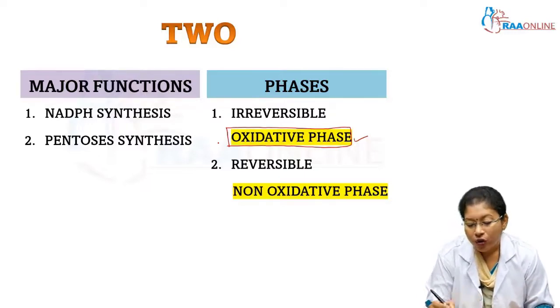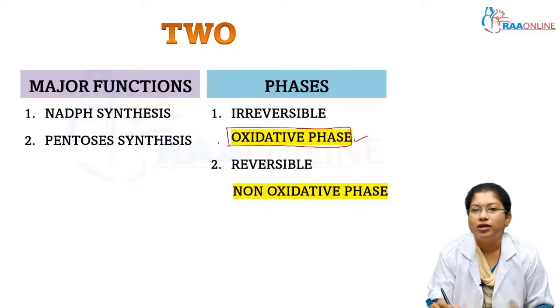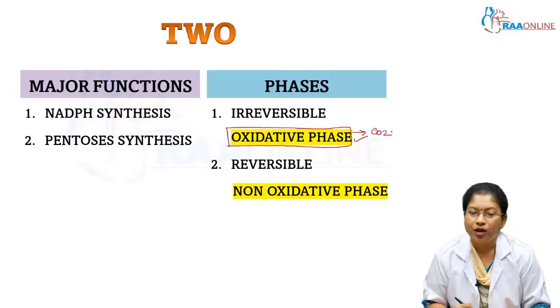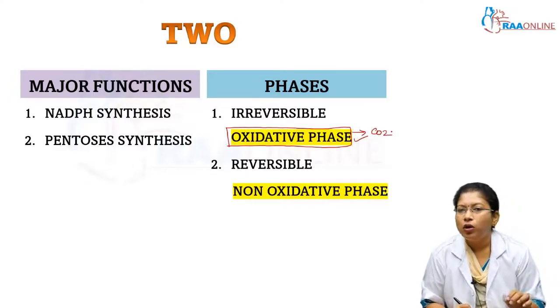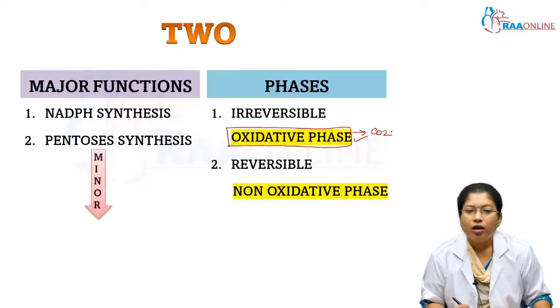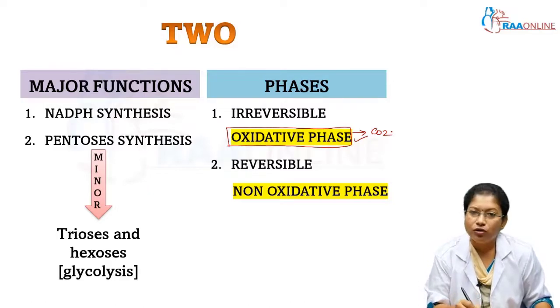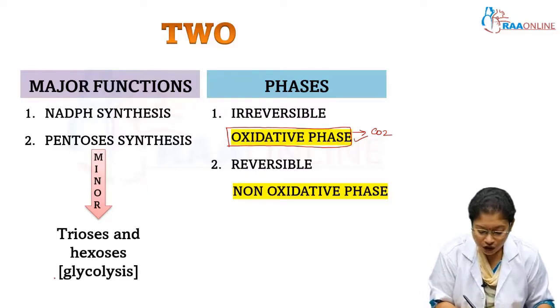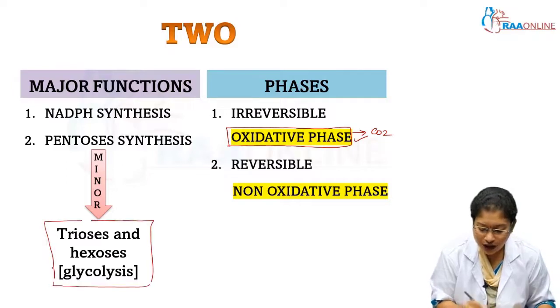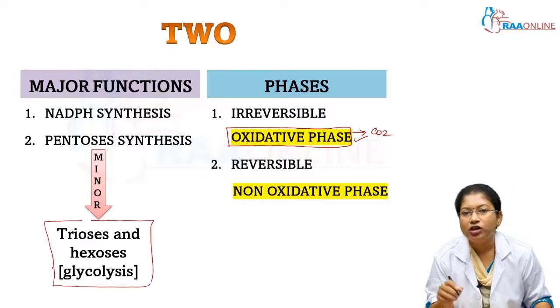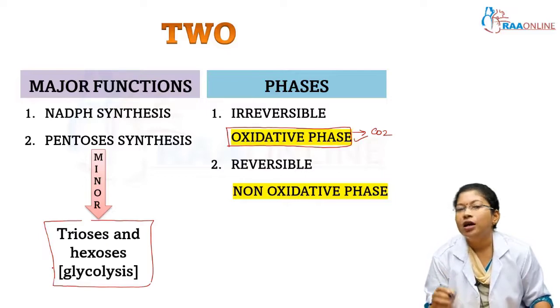So, it is going to happen in the oxidative phase. Irreversible oxidative phase will give your carbon dioxide. There is also a minor function concerned with the HMP. It also produces trioses and hexoses, which are required for your glycolysis. So, these are the 2 major functions and 2 phases seen in HMP.